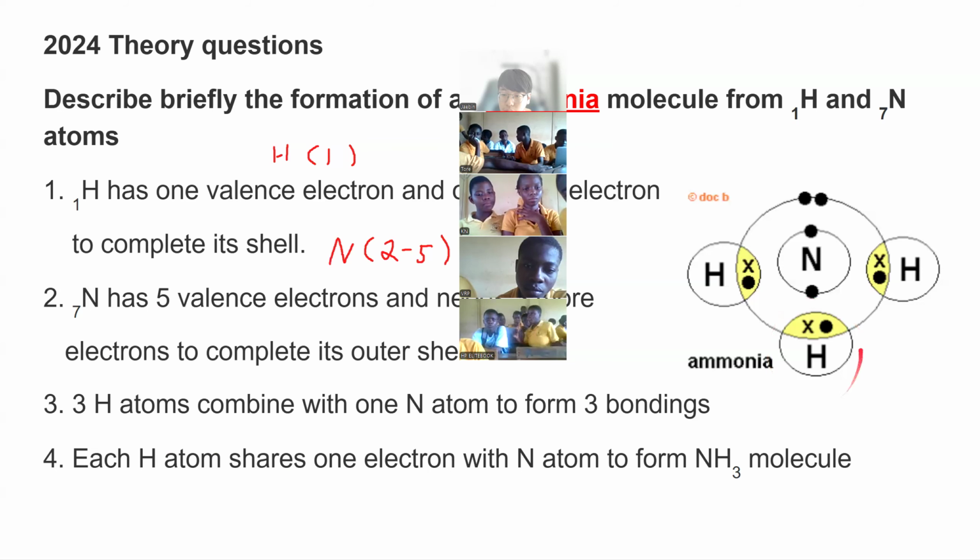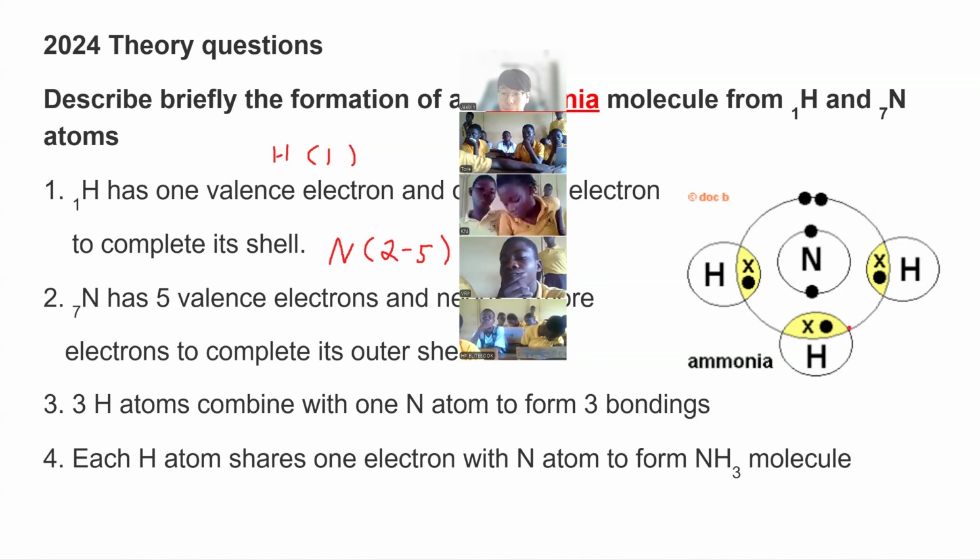You can see that they are sharing electrons, so hydrogen adds 3 electrons to nitrogen's outer shell, and nitrogen also provides extra electrons for the hydrogens, so they exist pretty well.